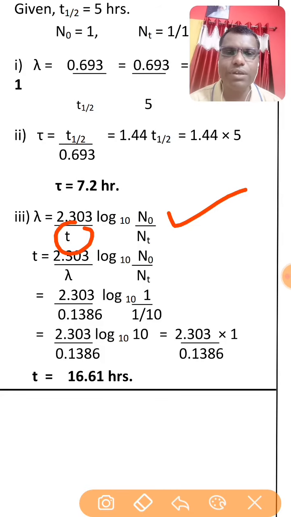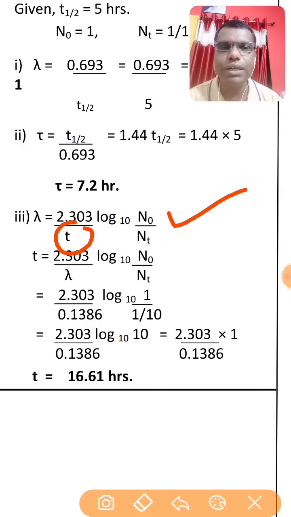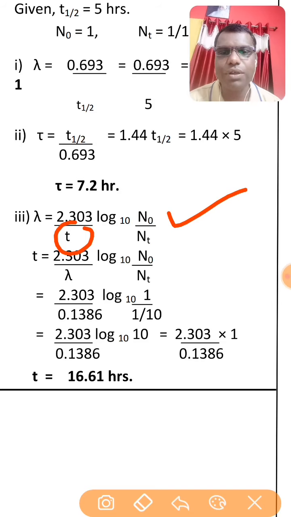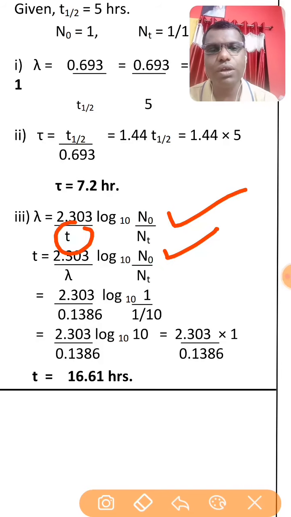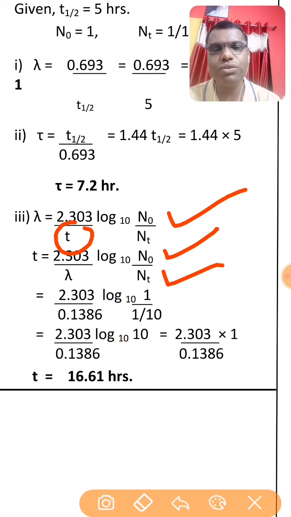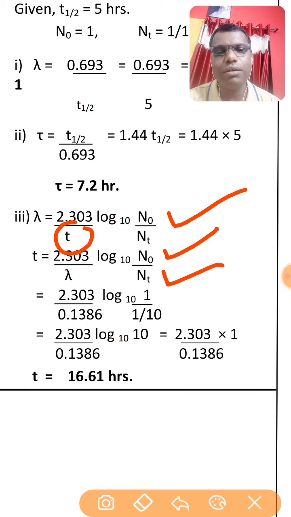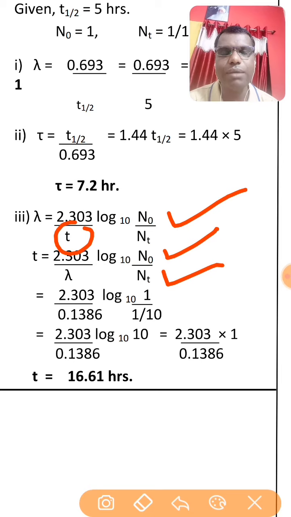It's very simple: if n0 is equal to 1, then nt becomes 1/10. So the time is to be calculated for nt becoming 1/10 of n0.